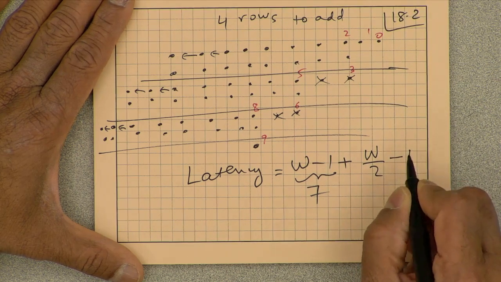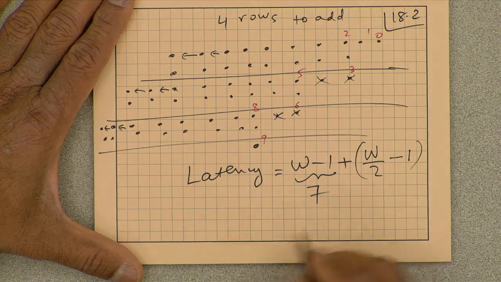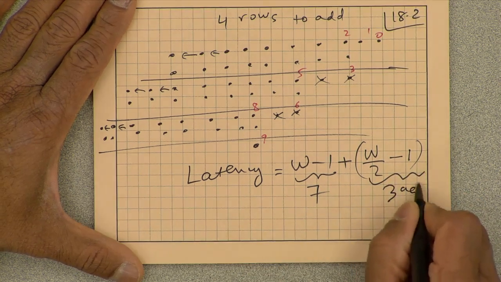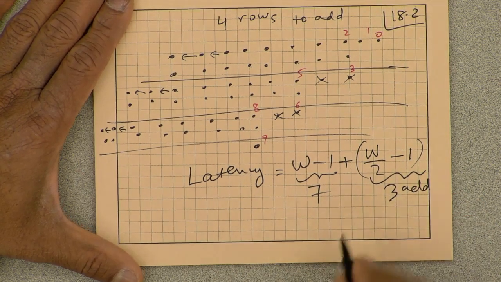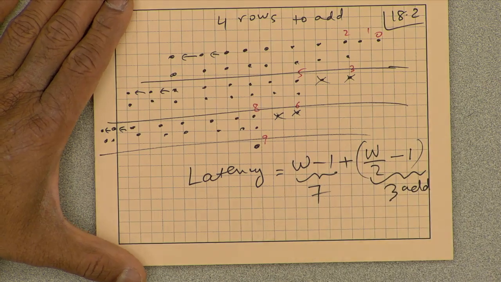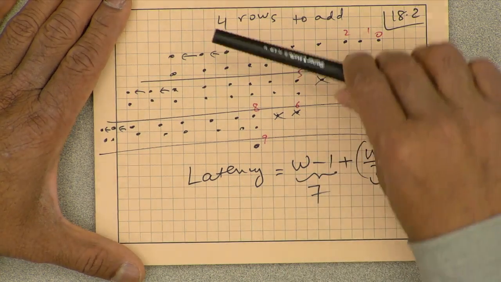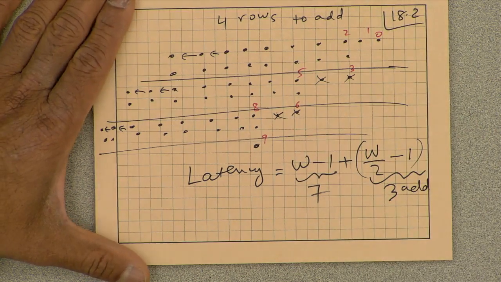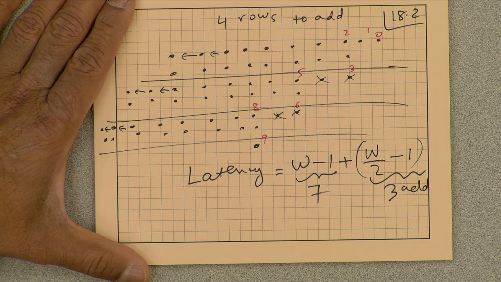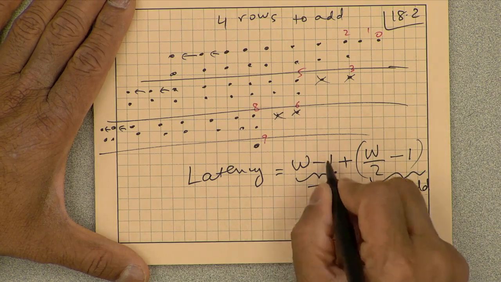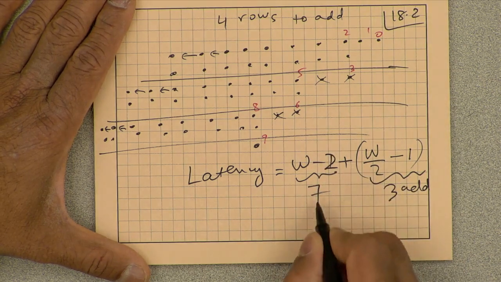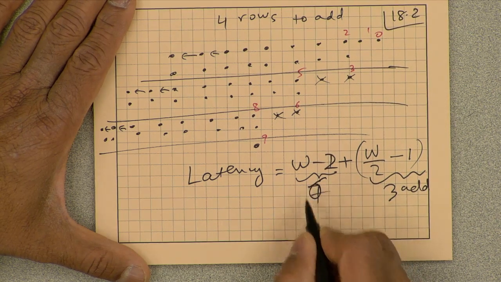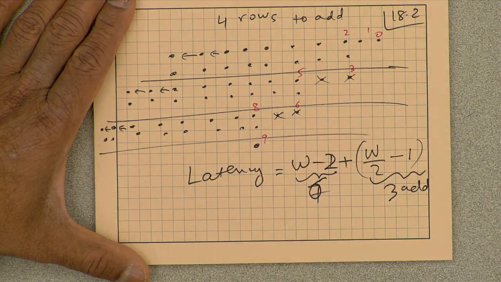So we have total W by 2. So this is 3 add operations going on. 4 things to add, W is 8, so there are 3 adders, this is first, second, third, and then there is an inherent latency of, let's take W minus 2. So that's 8 minus 2, so that's why that latency is 9.